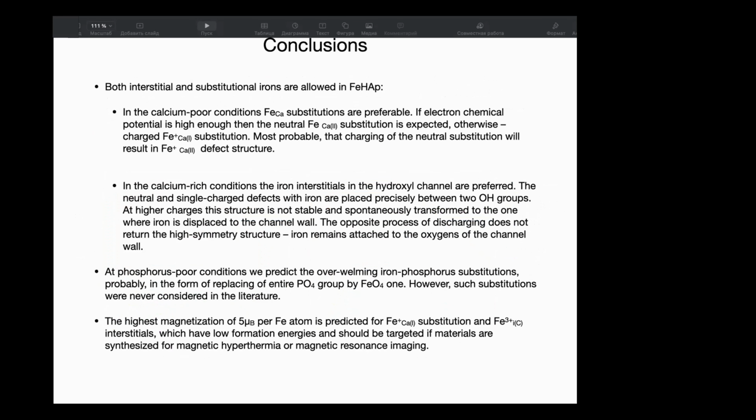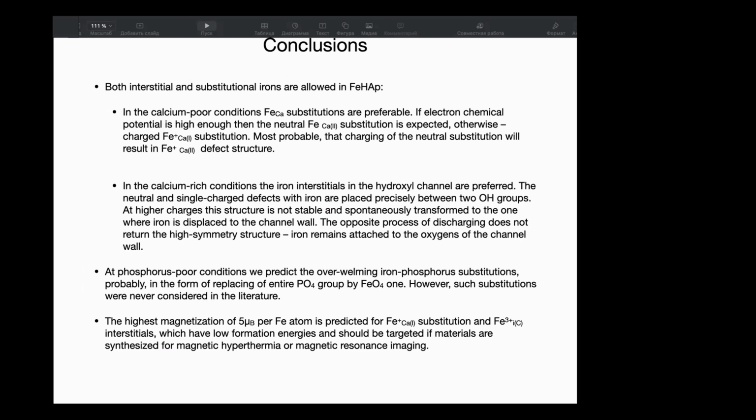Conclusions. There was a discussion in this and previous papers about what is the more probable defect: is it a substitution or interstitial?